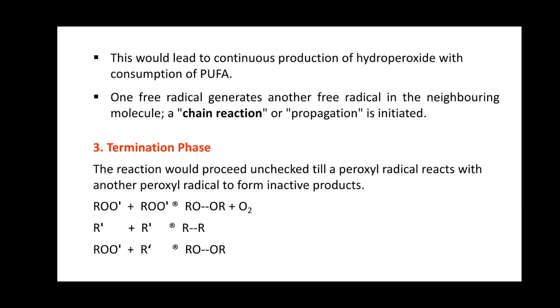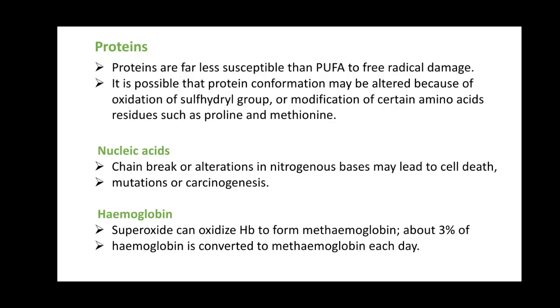In the termination phase, the reaction proceeds unchecked until the peroxyl radical reacts with another peroxyl radical, which forms inactive products in the cell membrane. So this new lipid radical can in turn be converted to another lipid peroxyl radical, and lipid peroxidation proceeds as a chain reaction until PUFA gets oxidized and forms inactive products in the membrane.